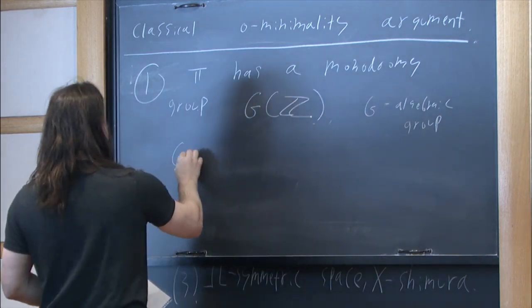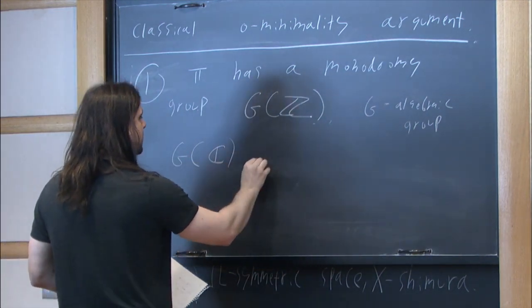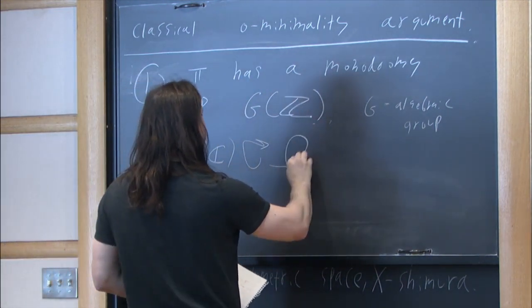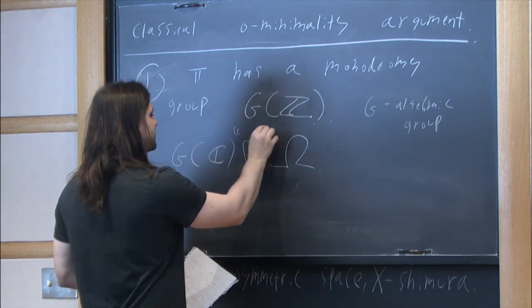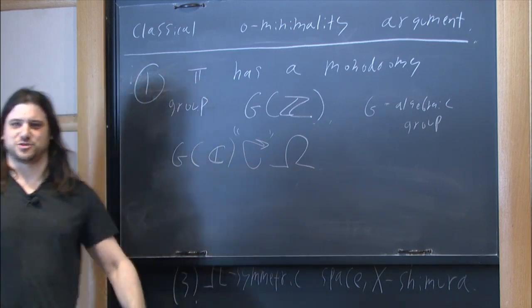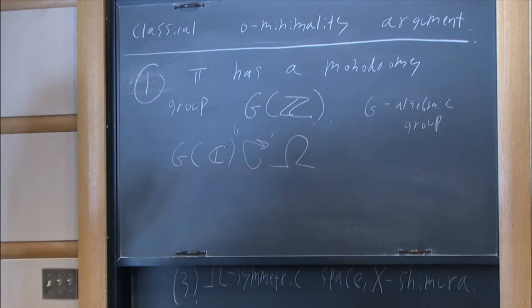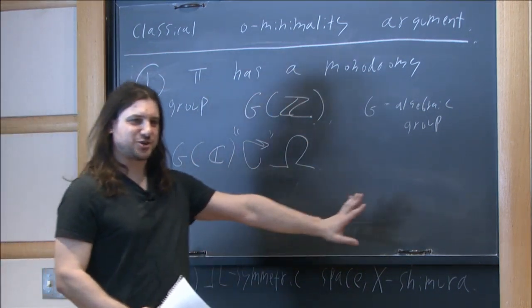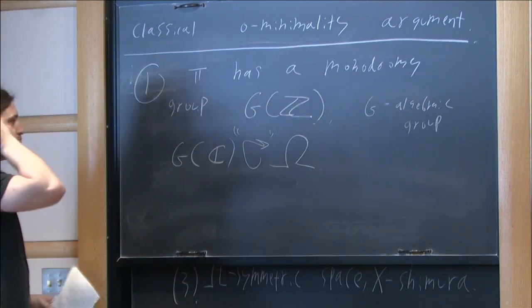And moreover, the complex points of this algebraic group act on Ω. This is a white lie. They don't really act on Ω. You've got to get a little bit bigger before they act. SL2(R) never has a plane. SL2(C) only acts on P1, but let's not quibble for right now.